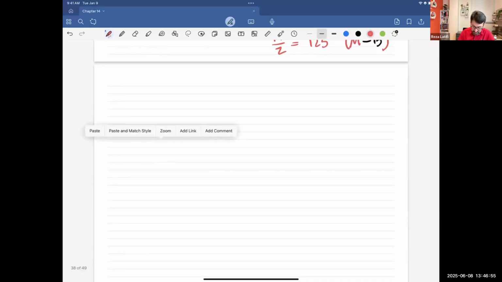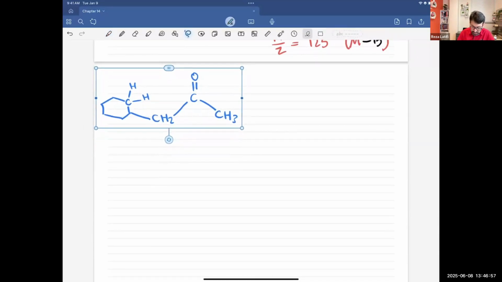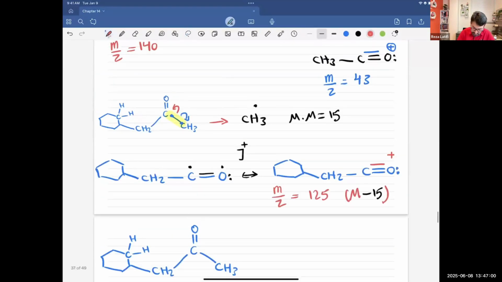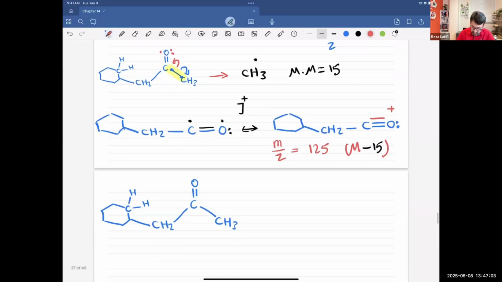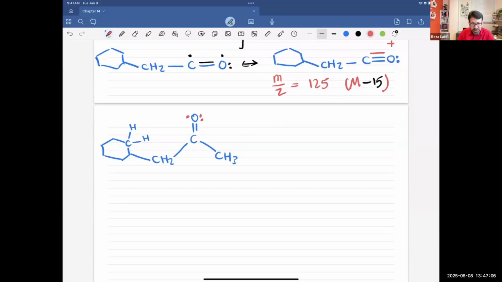So this is the molecule that we have, and our oxygen has a radical on it. So it's M plus radical. Now we can take one hydrogen from the gamma carbon. So let's say this one happened.